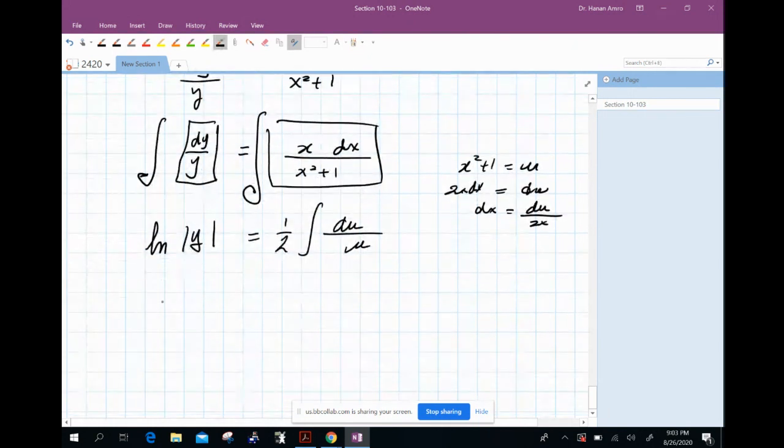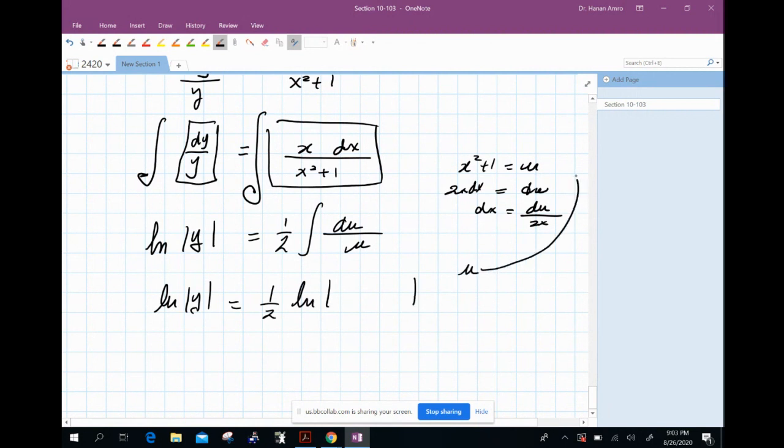The integration of du over u is the natural log of the absolute value of u, and u is x squared plus 1. When we finish integration, we add plus c.